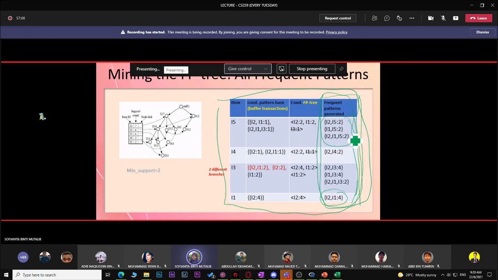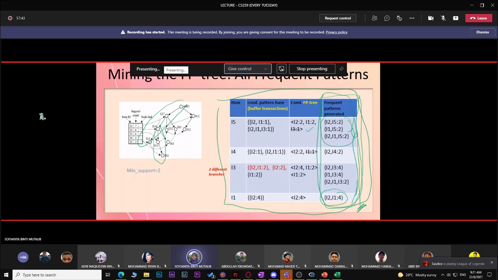So by examining the branches, and so forth, we can get the conditions, and it helps us to generate the combinations of items, whether they are 2 items, 3 items, 4 items, and so forth.